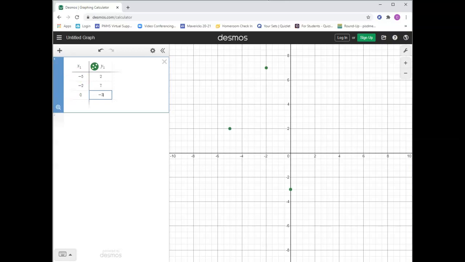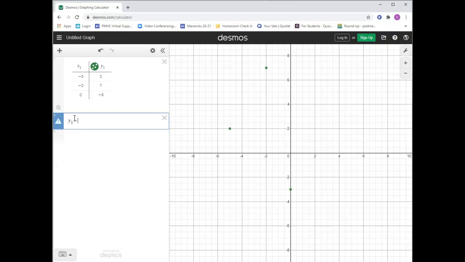Under the table, there's a place for you to type a new equation. Under that, you're going to use the little squiggle sign, which happens to be on your keyboard to the left of the number 1. So you're going to type y1, and instead of an equal sign, your little squiggle.